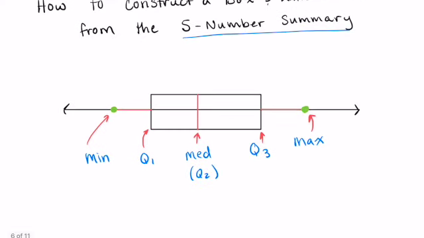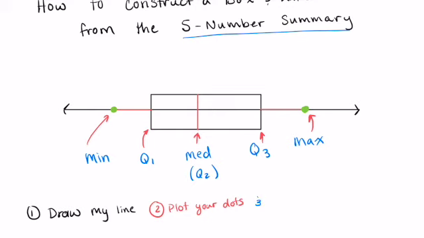With that being said, I typically follow 3 simple steps. Or I guess 4, but we'll make it simple. Step 1, draw my line. Step 2, plot your dots. That's my min and max.